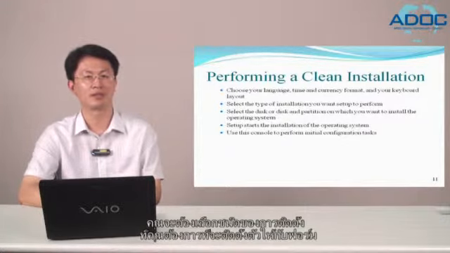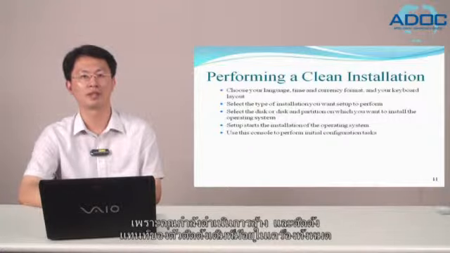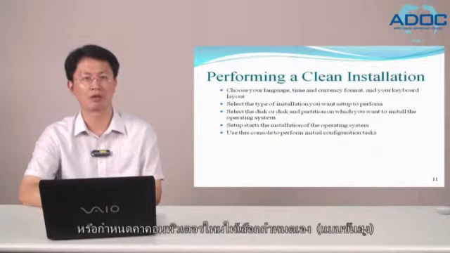Seventh, under Which type of installation do you want, you will need to select the type of installation you want setup to perform. Because you are performing a clean installation to completely replace an existing installation or configure a new computer, select Custom as the installation type.